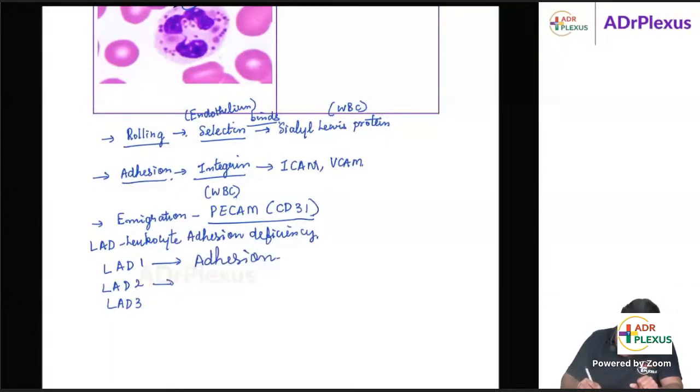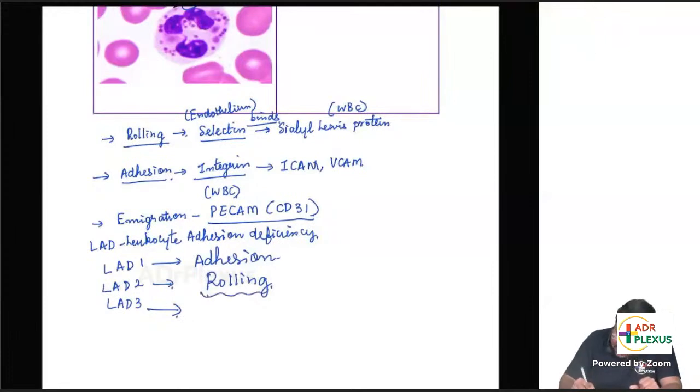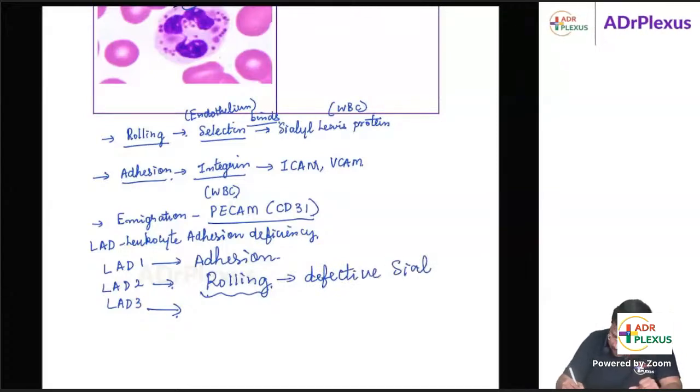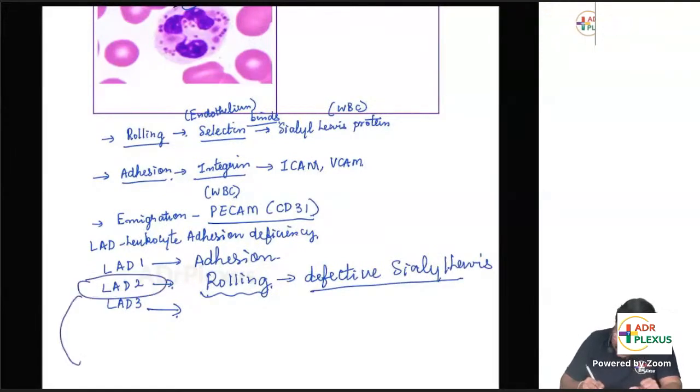In LAD2, rolling is the problem. It is actually a defective sialyl Lewis X protein. LAD2 is associated with Bombay blood group. Please remember Bombay blood group.